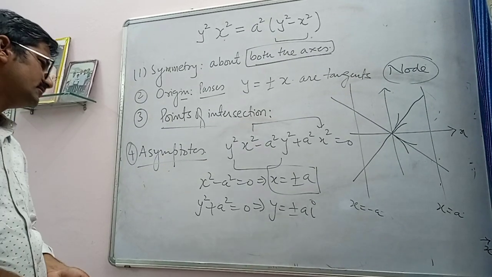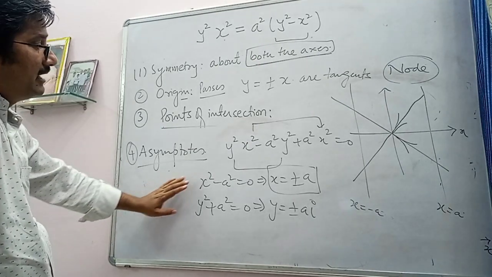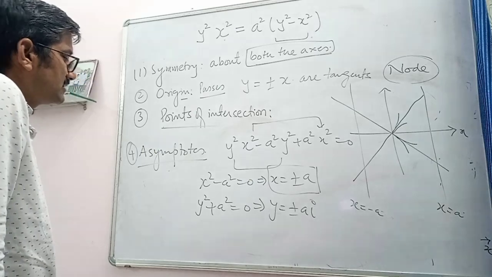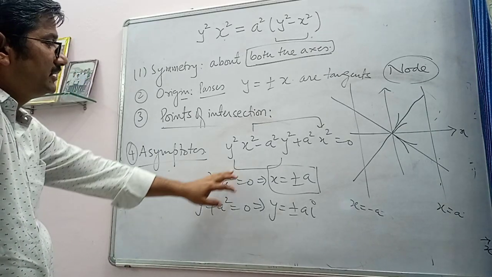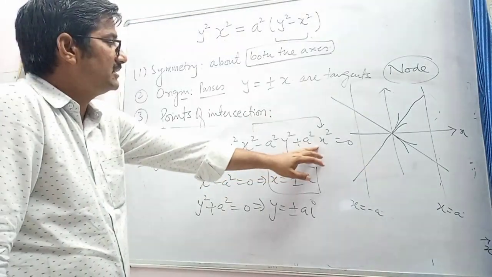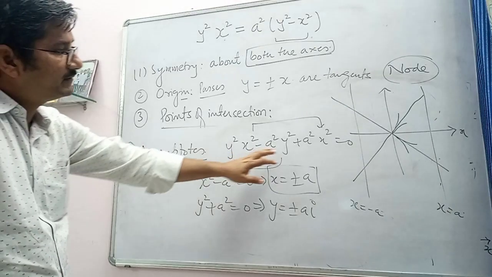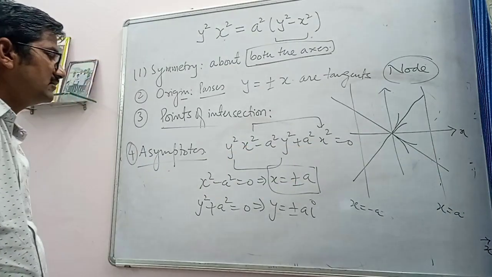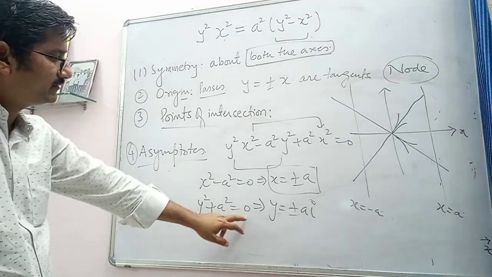So we have checked the asymptotes parallel to the y-axis. Now let us try the asymptotes parallel to the x-axis. So equating to 0 the coefficients of highest powers of x. From the first term and from the third term, the coefficient of the highest power of x is y square plus a square, equating to 0.